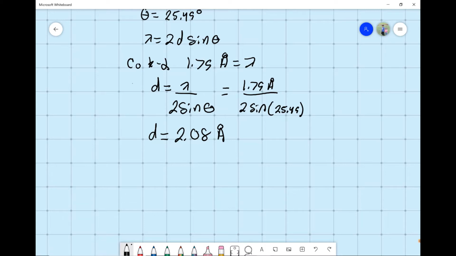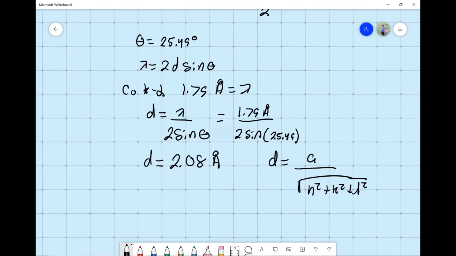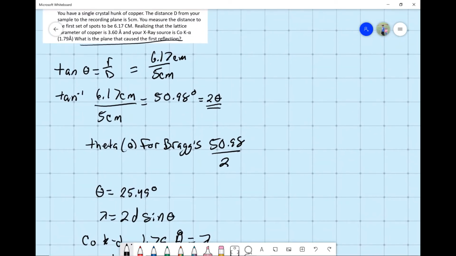We have an equation now. d equals a over the square root of h squared plus k squared plus l squared. And some practical things we want to talk about.